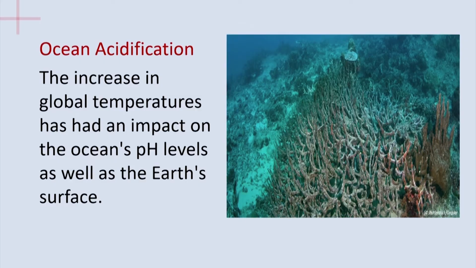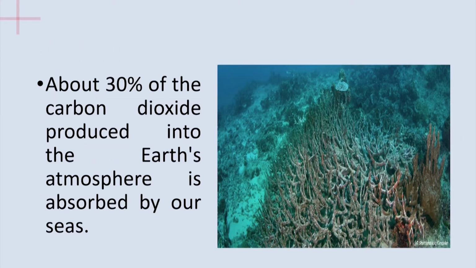The increase in global temperature has an impact on the ocean's pH level as well as on the Earth's surface. About 30% of the carbon dioxide released into the Earth's atmosphere is absorbed by the seas. The amount of carbon dioxide that is absorbed back into the water increases as larger concentrations of carbon emissions are released as a result of human activities like burning fossil fuels and the effect of global climate change like increased rate of wildfires.